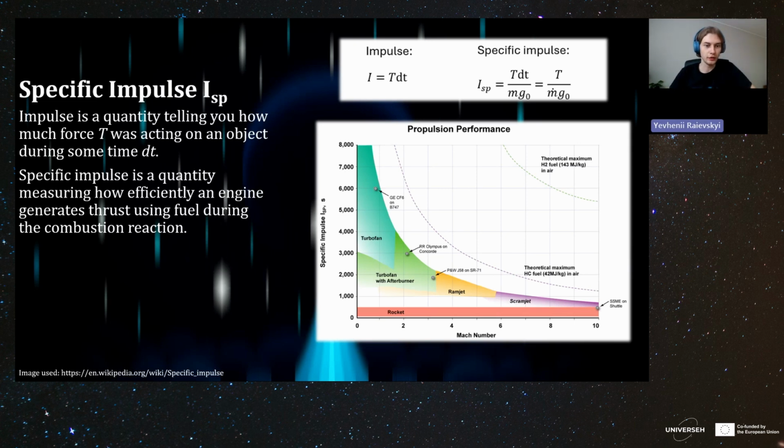So if you want a very huge velocity, you have to convert a lot of energy of chemical bonds.